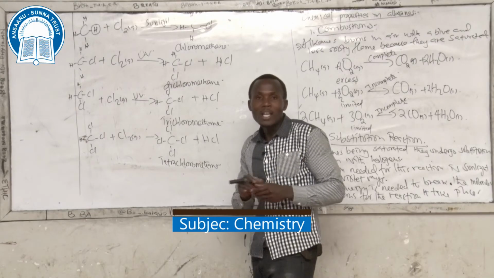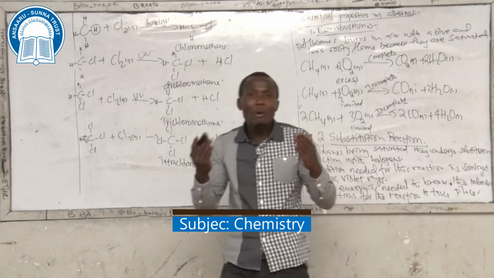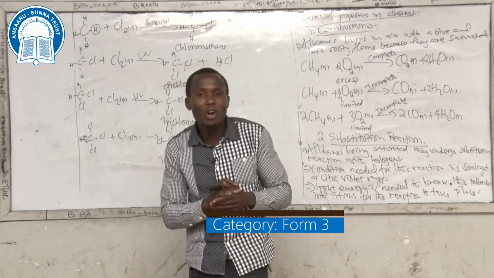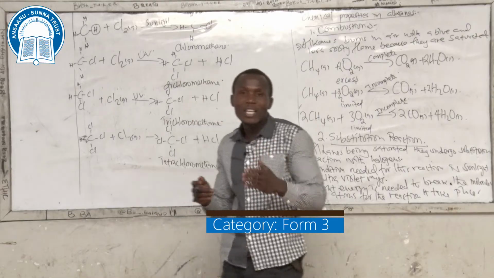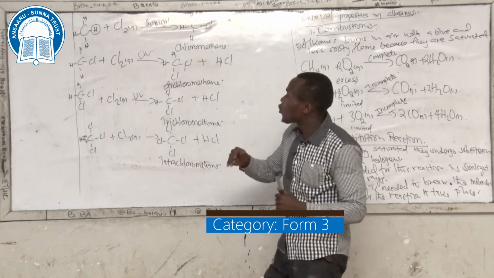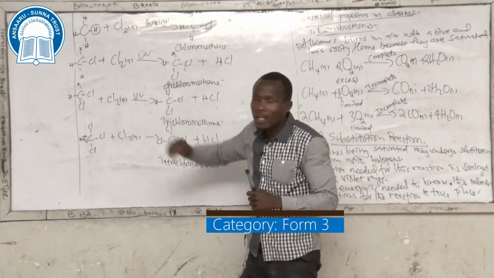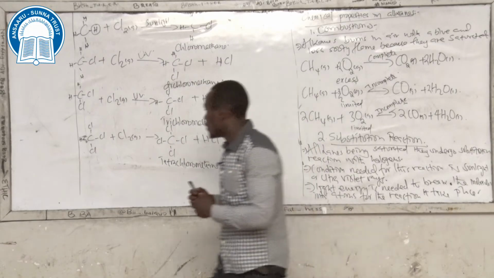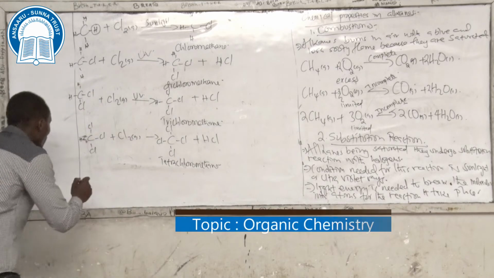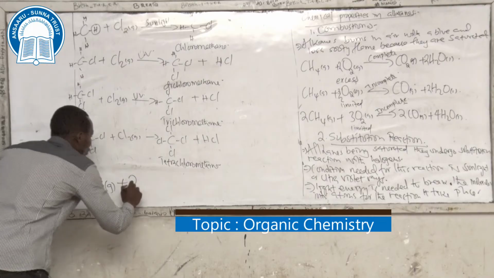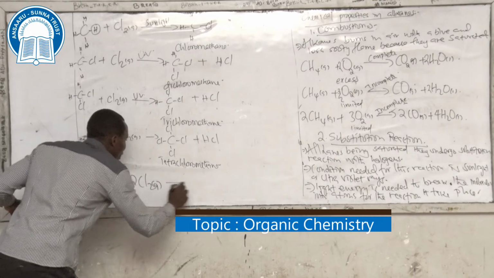So here you are going to use the mole ratios to write the chemical equation that is taking place. We have methane, which is CH4 gas, plus 2 moles of chlorine gas.